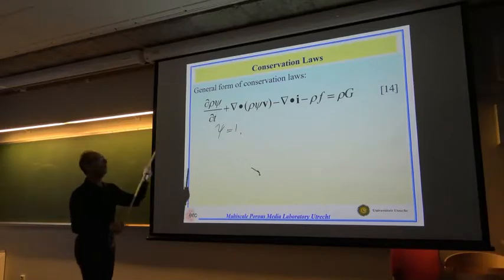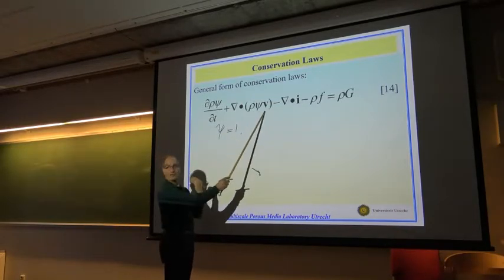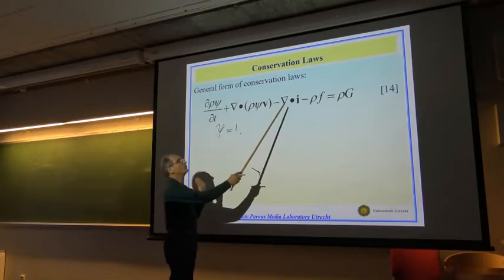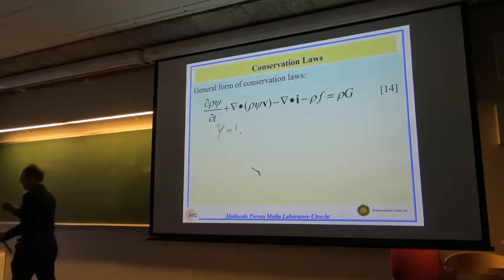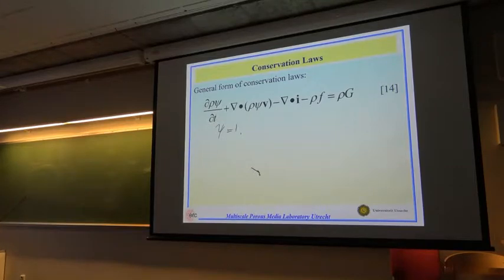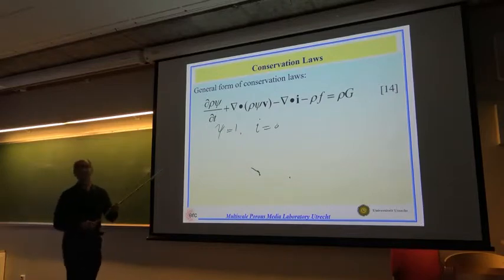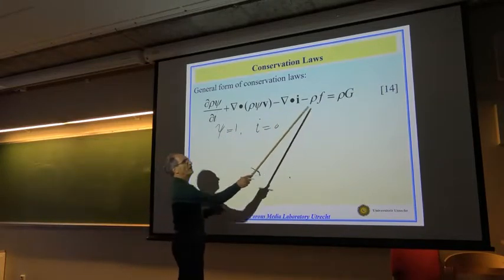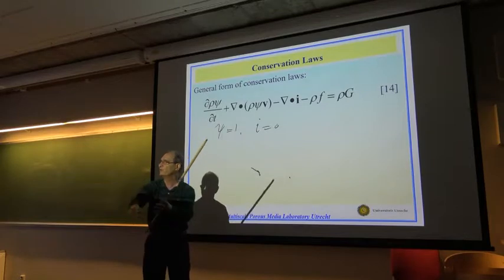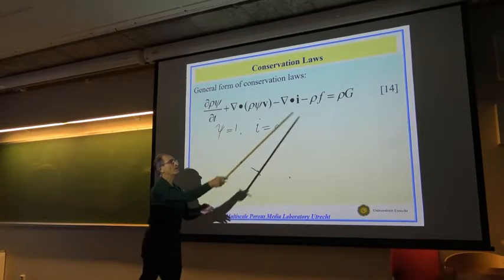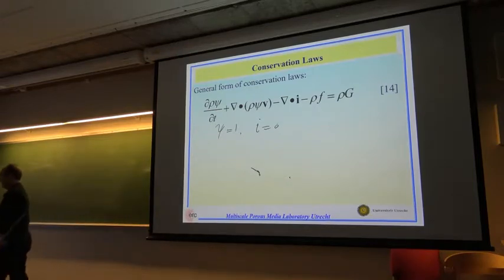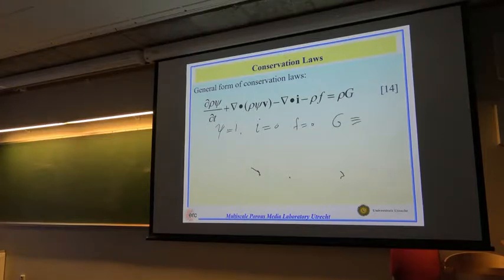So this is a convective transfer of mass. This is a conductive transfer of whatever is psi. So for mass, I is 0. We said that this was for a non-decaying material, so we cannot put in mass from outside into the body, or take mass out of it. And if it doesn't decay by itself, then F is 0. And because of the conservation of mass, G is also 0.